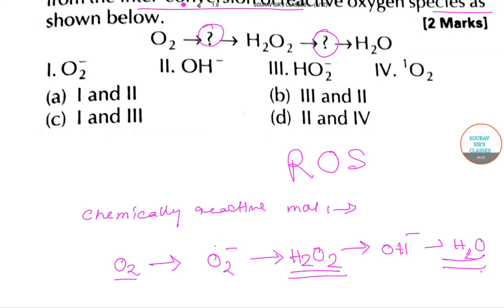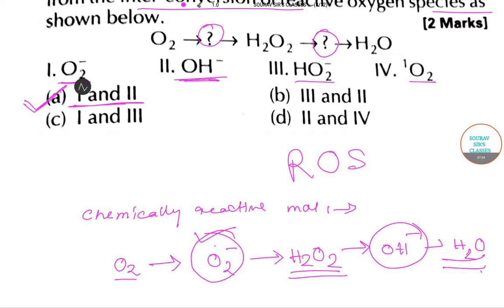The options are OH minus, H2O minus and O2 minus. So my first answer is O2 minus and the second is OH minus. So option A, statement 1 and statement 2, is true. Thank you for watching this video.